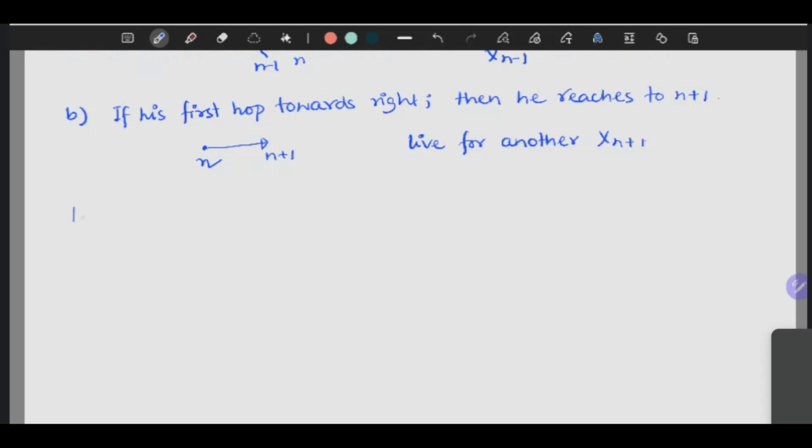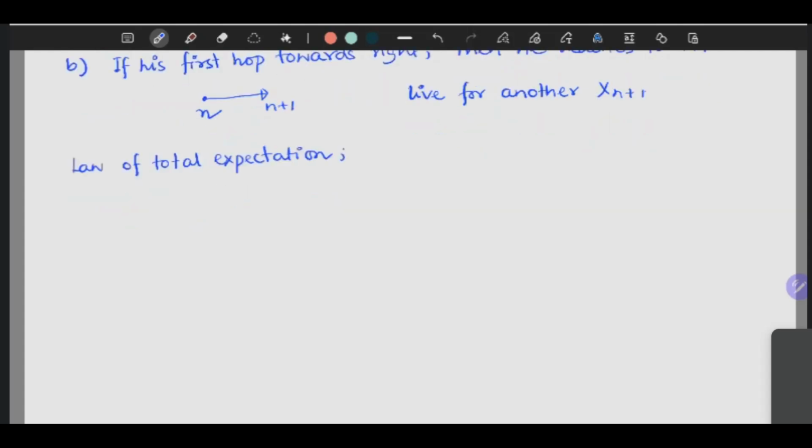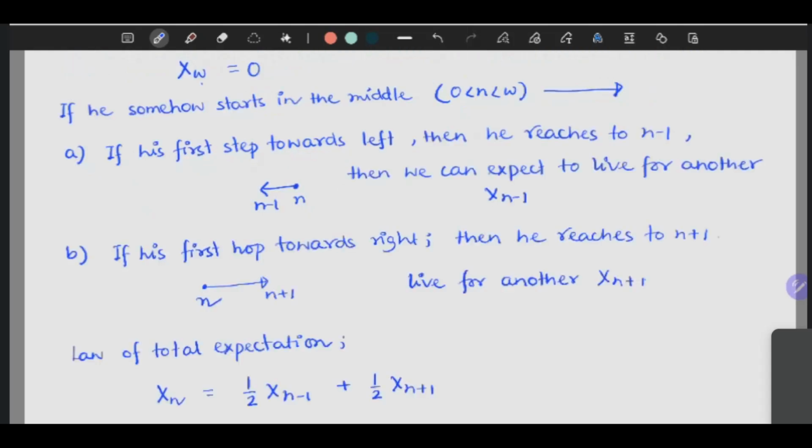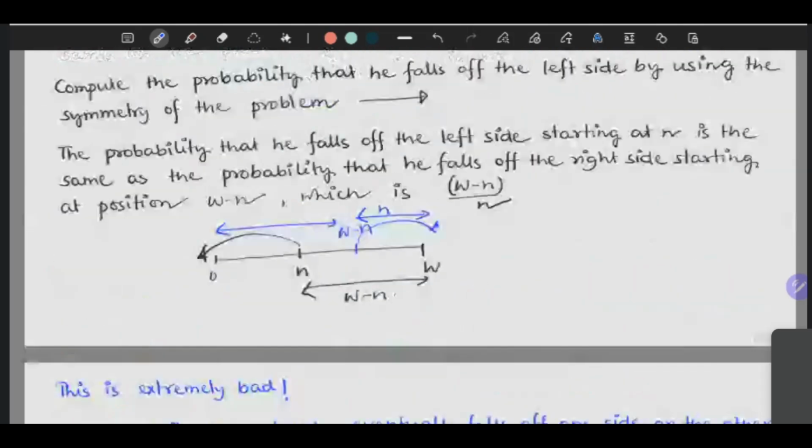By the law of total expectation, we can write that the expectancy of his living is half of xn minus 1 plus half of xn plus 1. So let's say this is equation number 4.